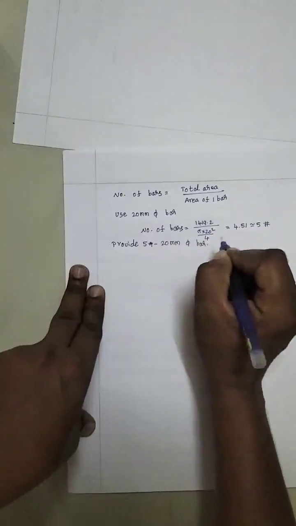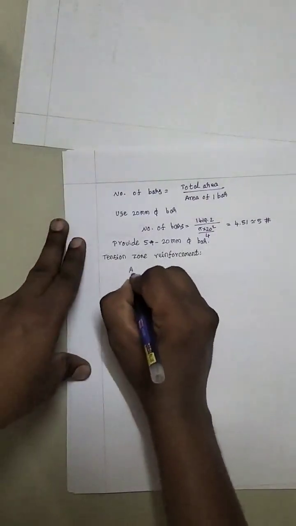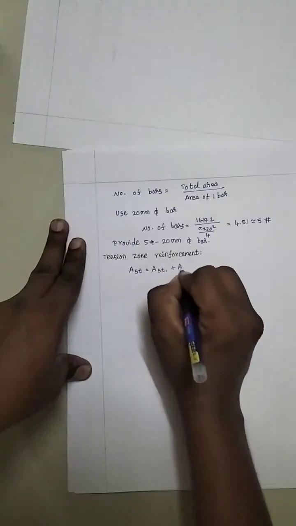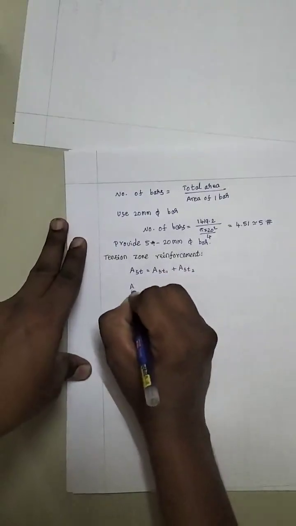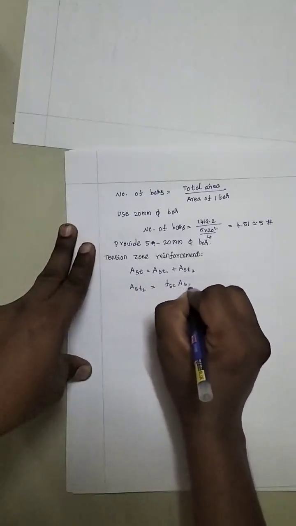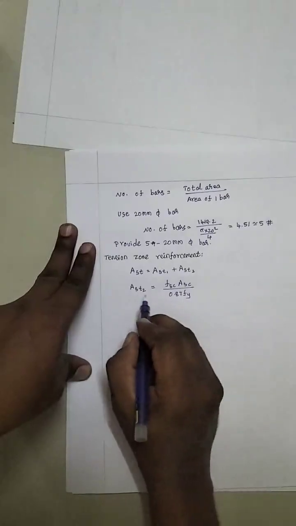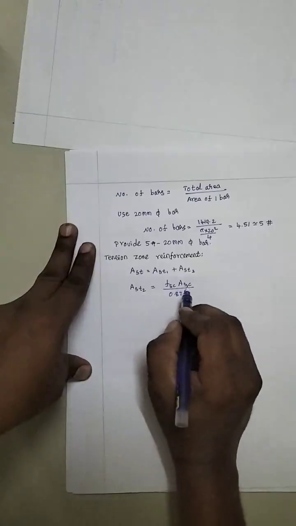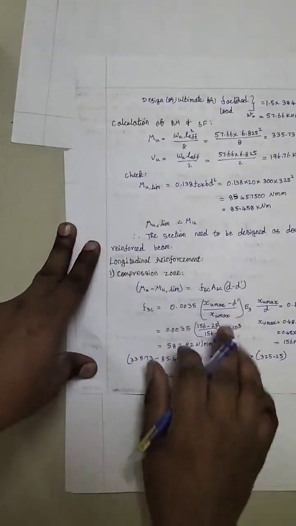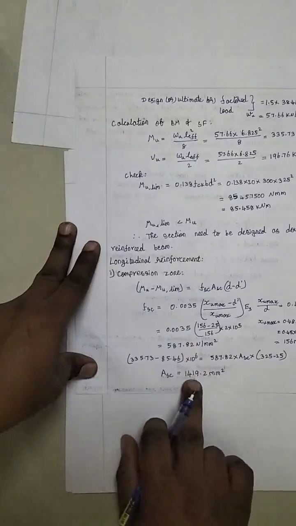So next I need to calculate the tension zone reinforcement. The formula to calculate tension zone reinforcement is AST equal to AST1 plus AST2. AST2 can be calculated by using the formula FSC ASC divided by 0.87 Fy. It is nothing but we are equating the steel to the concrete. Here the FSC value which we have calculated is 587.82 and ASC value is 1419.2.